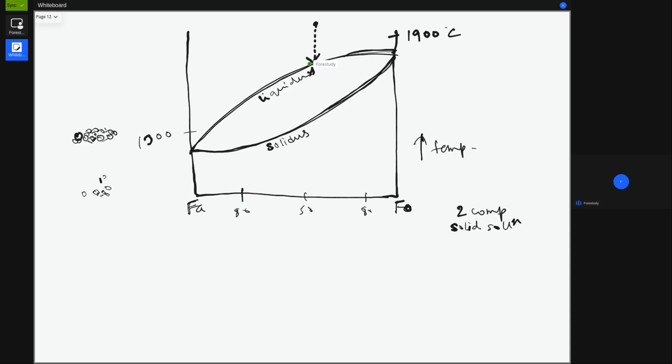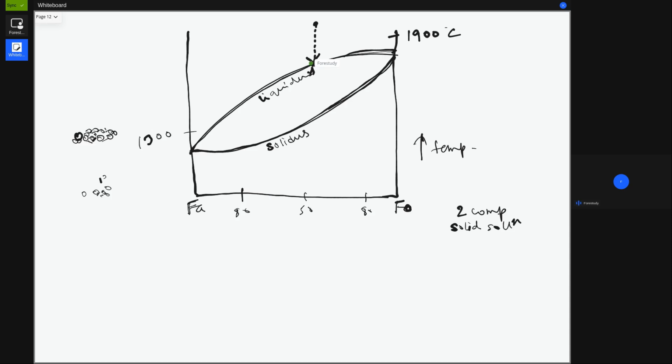At this point on the liquidus curve, the first crystal will start to form, the first mineral from the liquid melt.